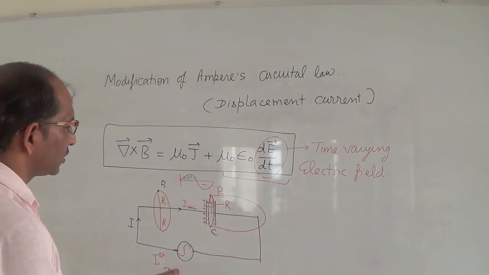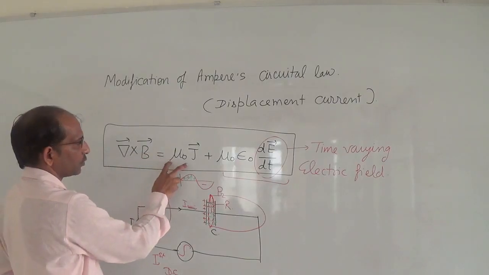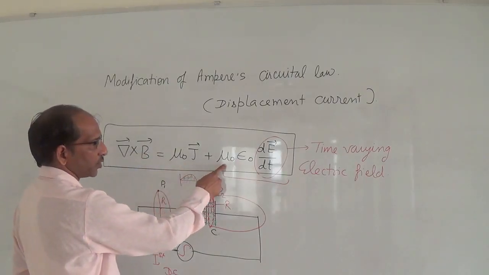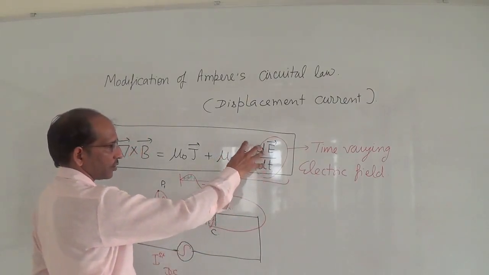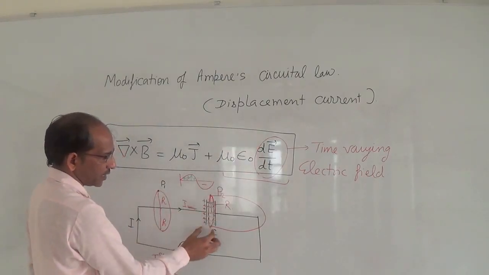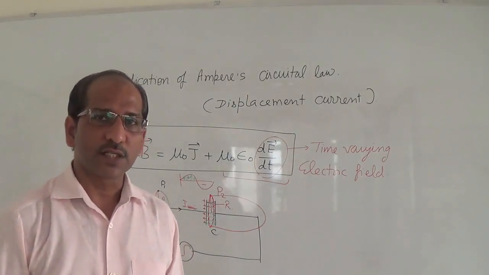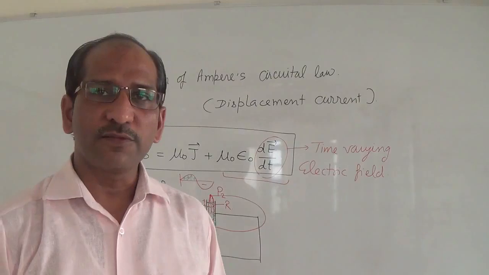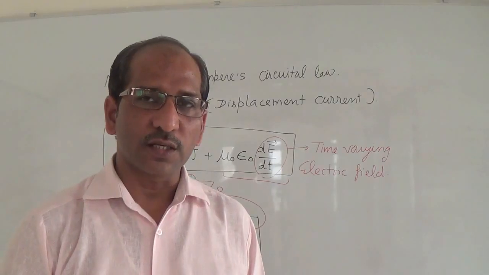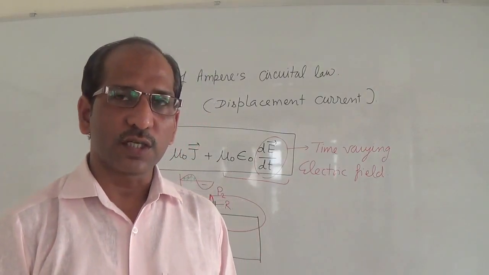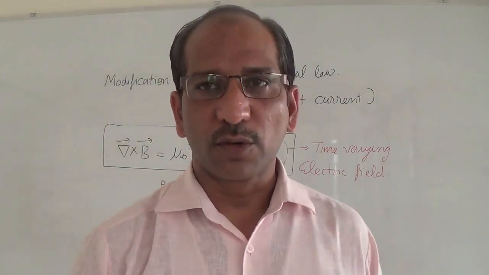This is the modified Ampere's law. So now del cross B is equal to mu naught times J plus mu naught epsilon naught dE upon dt. This is the mathematical form of the displacement current, and one can see the displacement current in between the plates of the capacitor in terms of the time varying electric field. By this way one has removed the inconsistency in Ampere's law. So this was the modified law. Thanks.